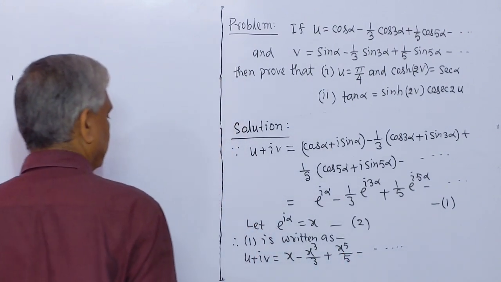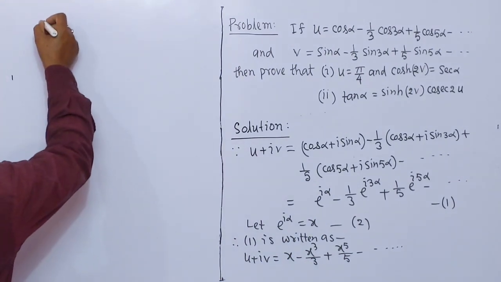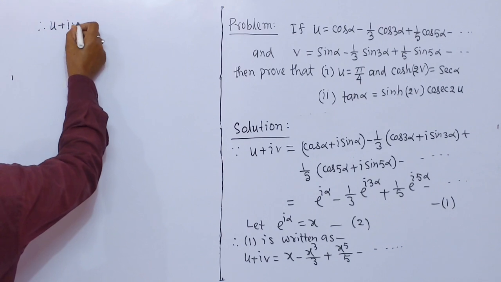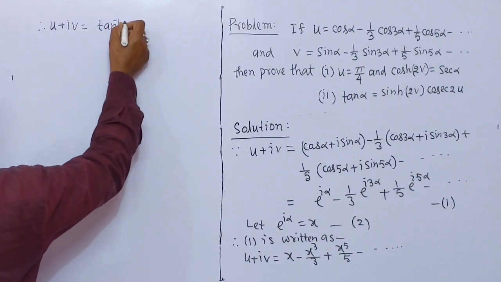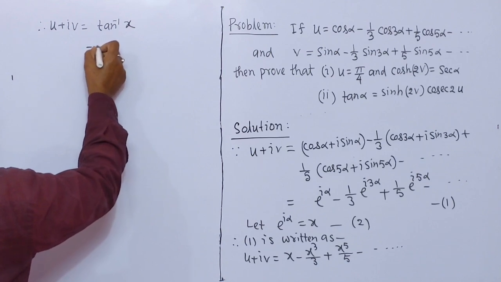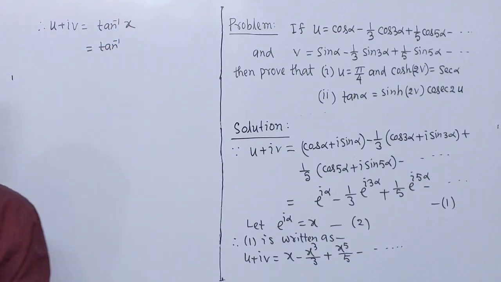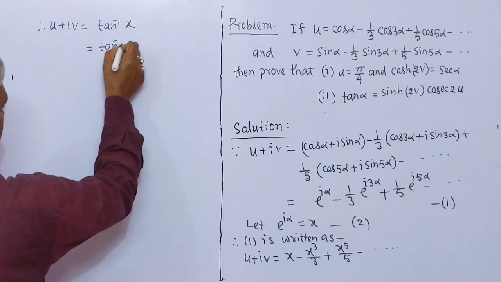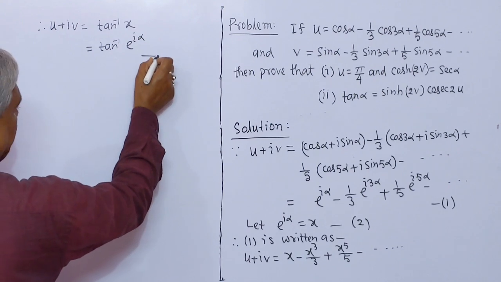This is a Gregory series. Therefore u plus iv equal to tan inverse x. This is equal to tan inverse x, meaning e to the power i alpha. This is number 3.